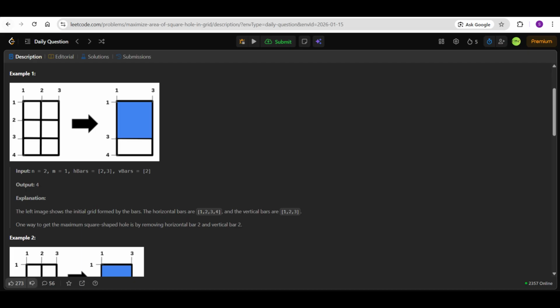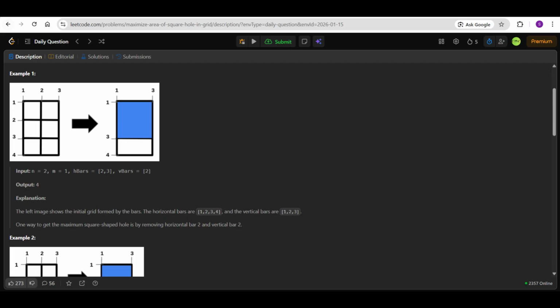Example 1. Input: n equals 2, m equals 1. hBars equals 2, 3. vBars equals 2. Output: 4. Explanation. In this example, the grid is built using horizontal bars 1, 2, 3, 4 and vertical bars 1, 2, 3.